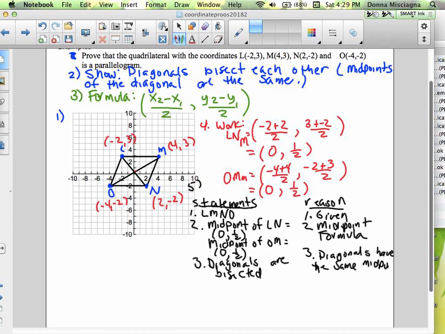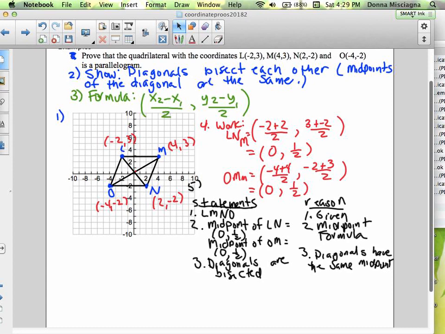If you remember from the parallelogram lesson, all those parallelogram lessons we did, that whole unit, or just the fact that I said it in the previous slide, if the diagonals of a quadrilateral both bisect each other, the figure is a parallelogram. So LMNO is a parallelogram.